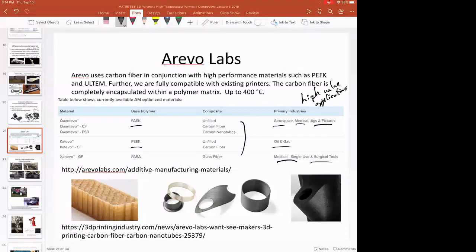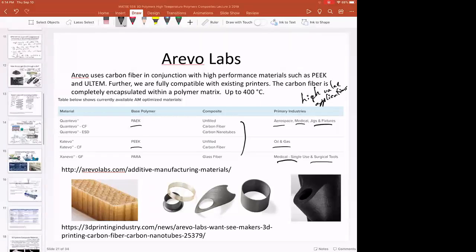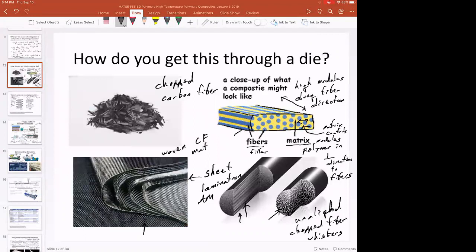Okay, we'll pause here for a minute. Are there any questions in general about composites? I just ran through a couple of real world examples here. We're going to talk in detail about what composite materials are, what exactly is happening in this sort of diagram where you have filler and matrix.